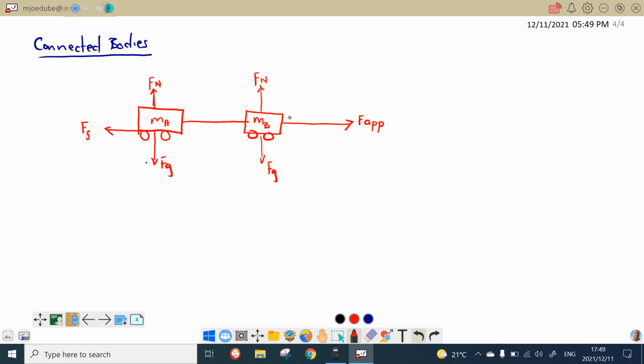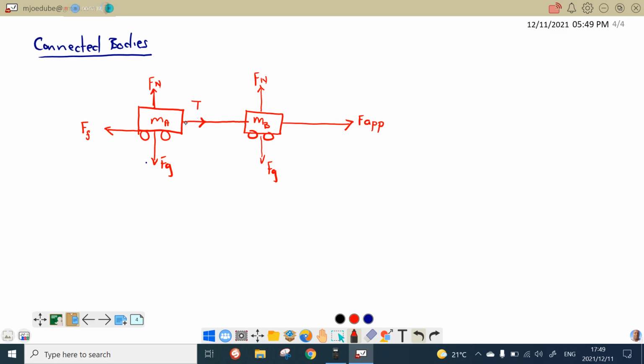The other thing that you need to be aware of is that because they are connected bodies, there is a force that is going to act on body A, which is also going to act on body B. In order for the objects to move in the one direction, there is a tension that acts on body A, and that tension is pulling in the direction of the applied force.